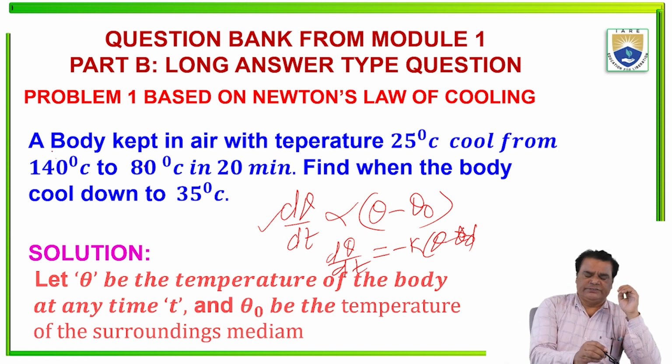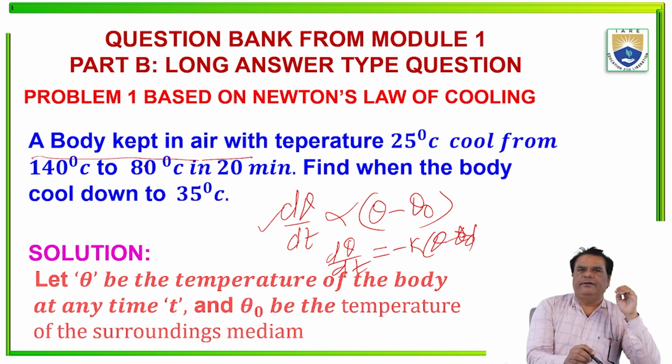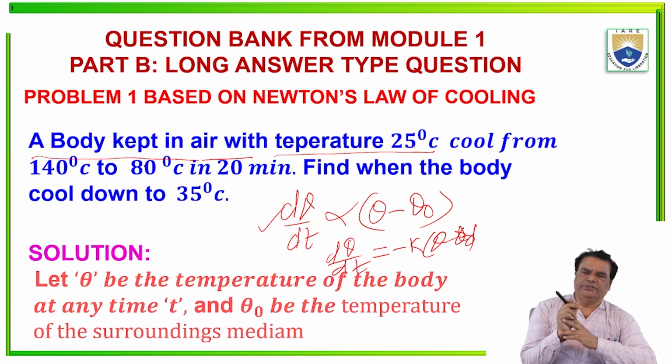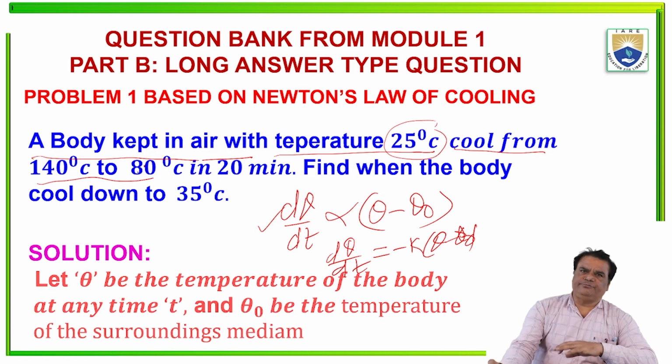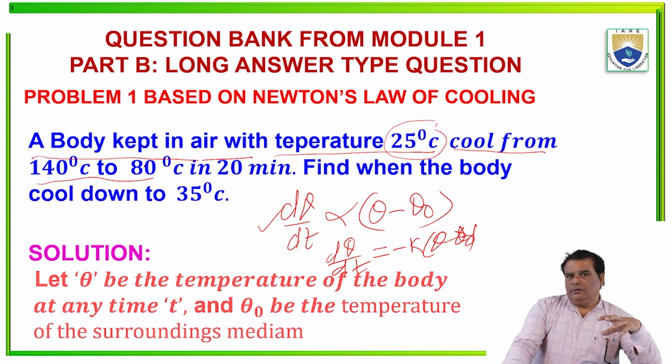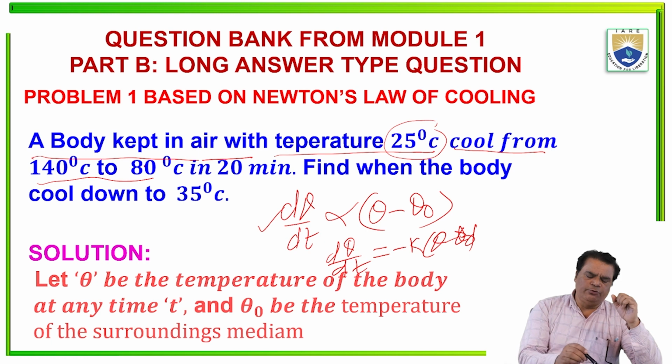So the question is this: a body is kept in air with temperature 25 degrees Celsius, the temperature of the surrounding medium of the body. The temperature of the body cools down from 140 degrees to 80 degrees within 20 minutes.